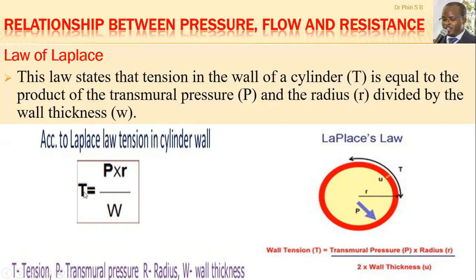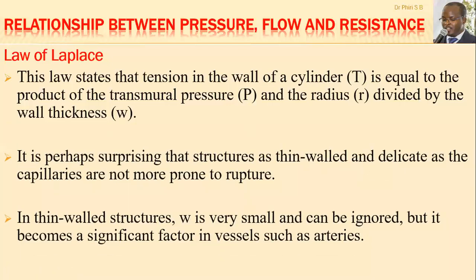You know that this tension is pressure multiplied by the radius divided by the thickness. So in capillaries, the thickness is almost zero, and also the radius is so small, so you don't have much tension across the wall of the capillaries, which is going to protect the wall of the capillaries.